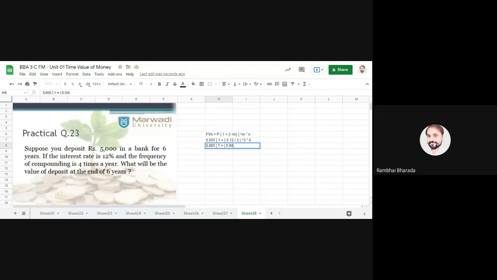Let's do 3 into 6, 18. So 5,000, 1 plus 0.04, 1.04 raised to 18.